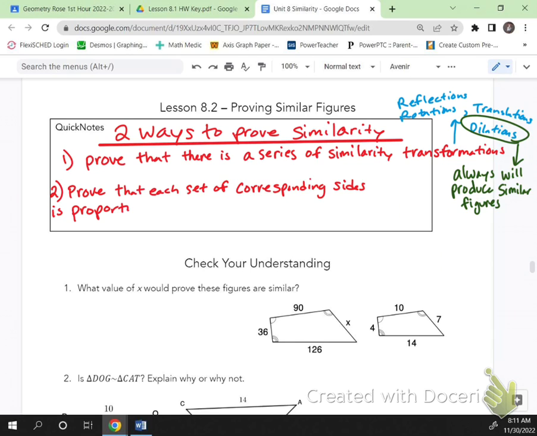That's a word we defined yesterday. And corresponding angles are congruent. What does congruent mean again? Equal.